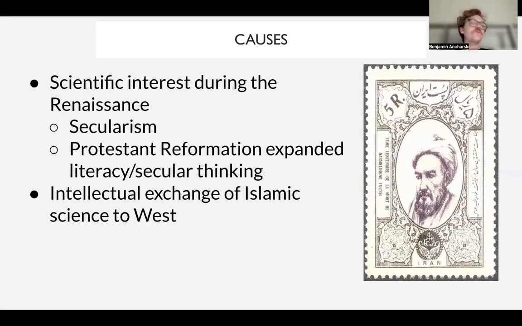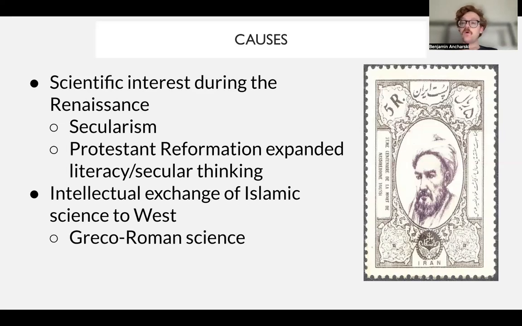And there are some more specific examples of these Islamic-European exchanges. For example, remember how Greco-Roman science, that idea of using empiricism, using evidence to support a claim, was very much discussed during both the classical era and the Islamic Golden Age.